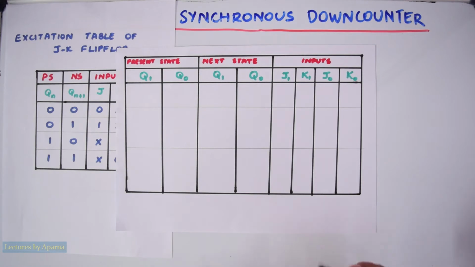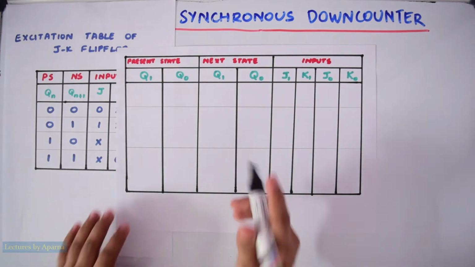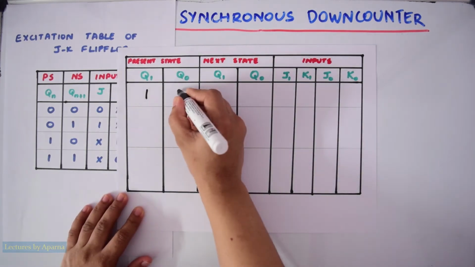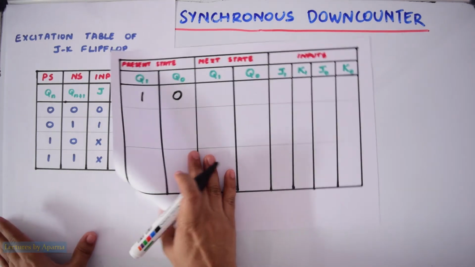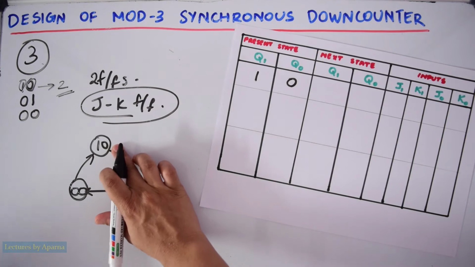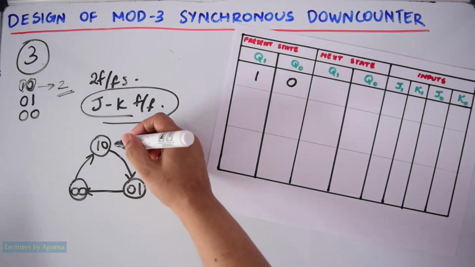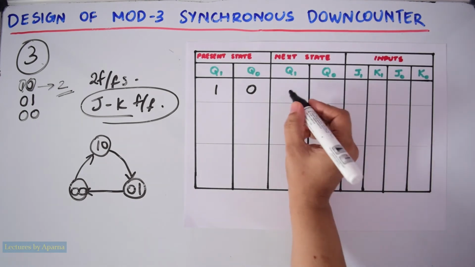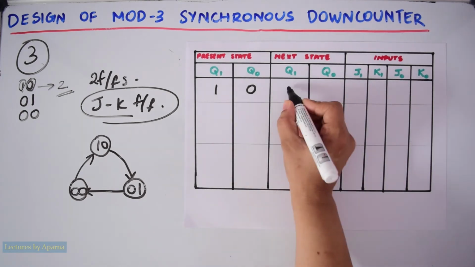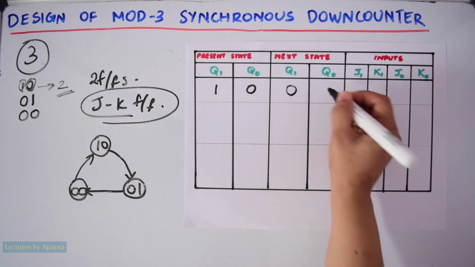Let the first state be 1 0. Look at the state diagram. The first state is 1 0. From 1 0, it should go to the state 0 1. So next state, from 1 0, it should go to the next state 0 1.